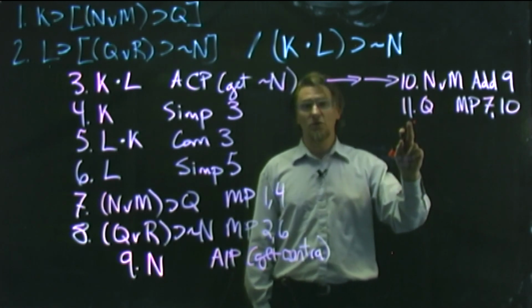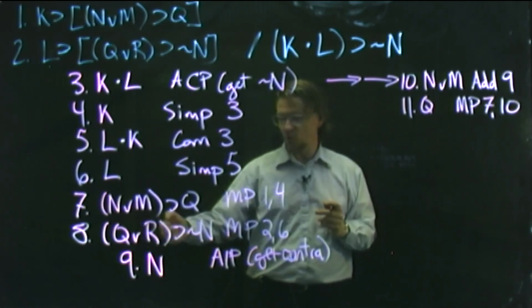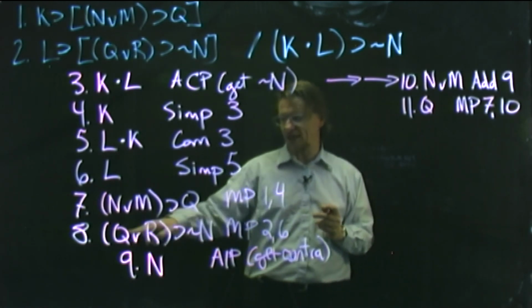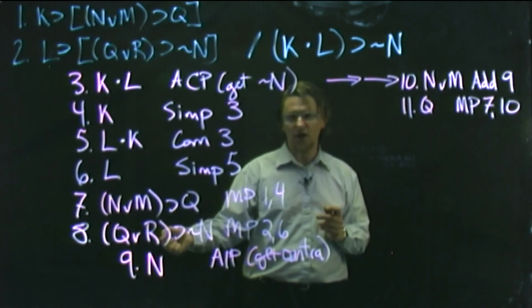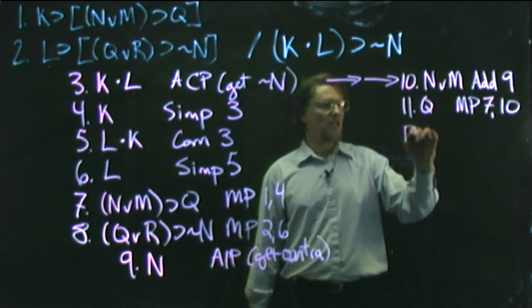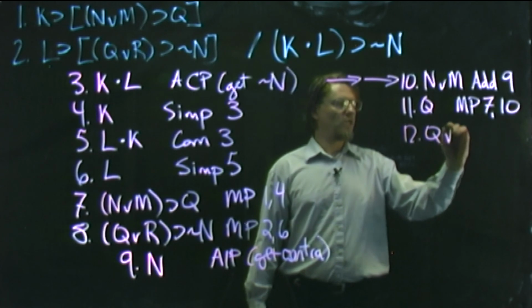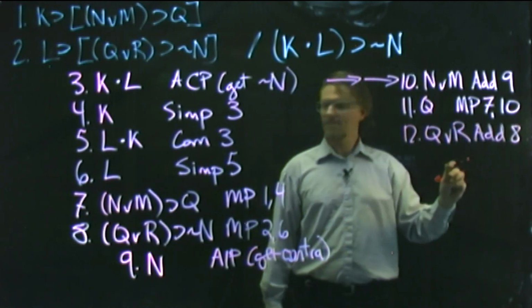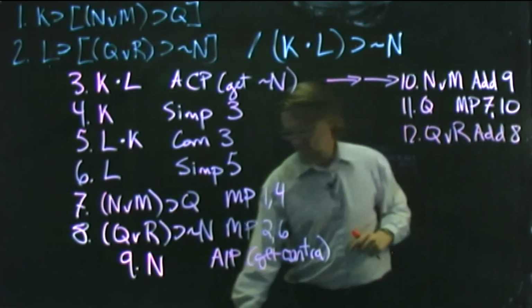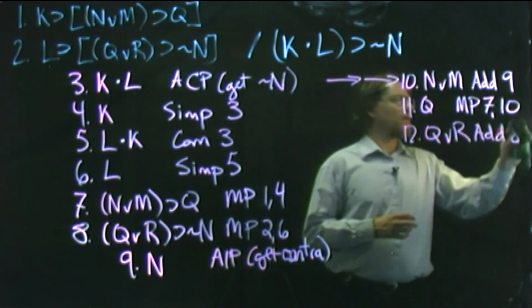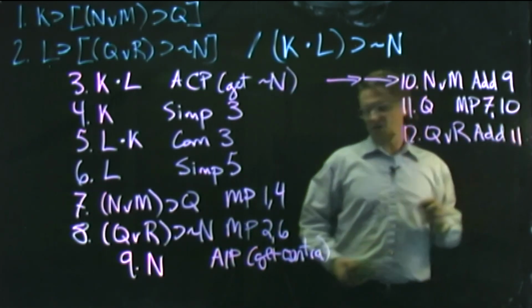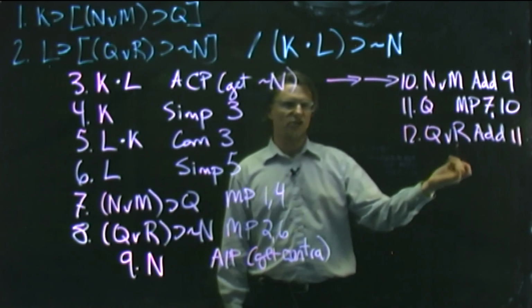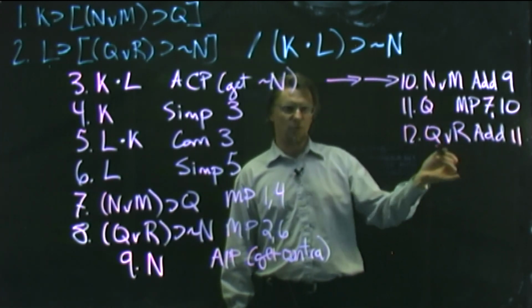Why do we want q? Well, we don't know that we do, but the one line we haven't used here so far is line 8. 8 has q wedge r. So to use line 8, we can simply add on, sorry, that's 11. Line 8 is what inspires us to add an r, but we're actually adding to line 11 here, the wedge r.